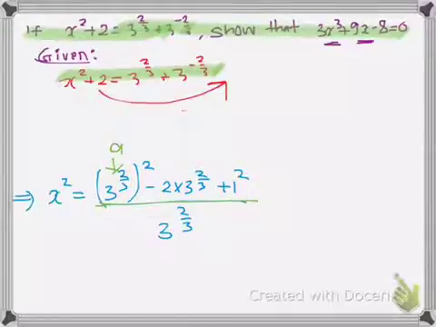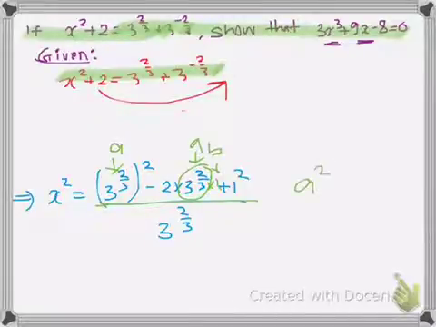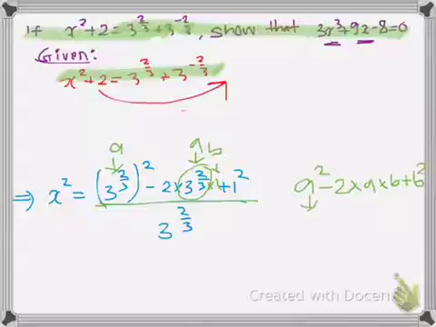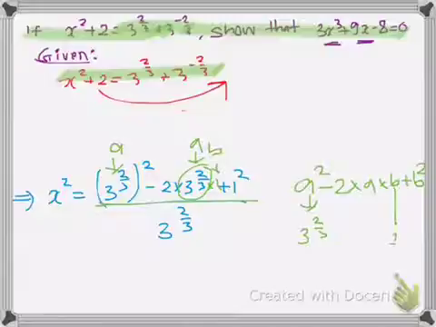So when we look at this numerator clearly, we can say 3 to the power 2 by 3 as a, and our b is 1. So it's in the form a squared minus 2ab plus b squared, where a is equal to 3 to the power 2 by 3 and b is equal to 1.